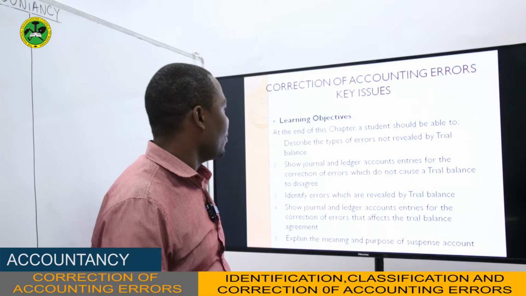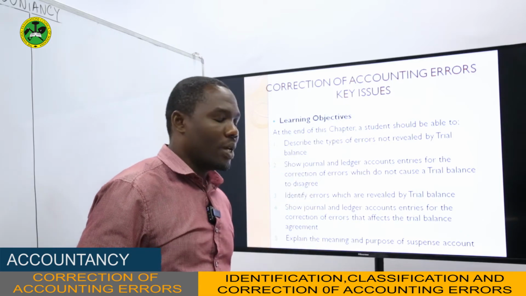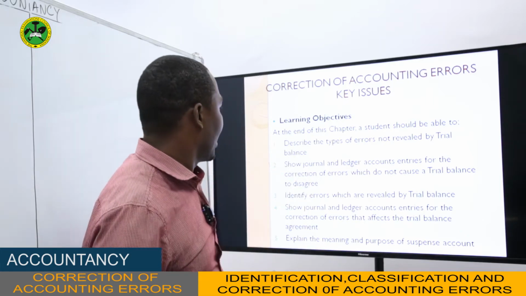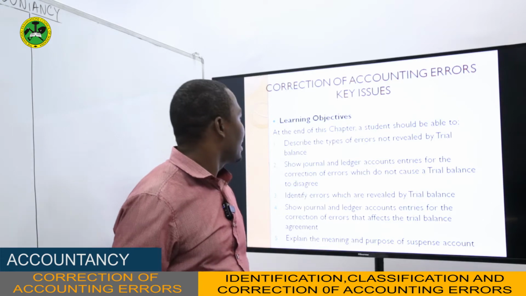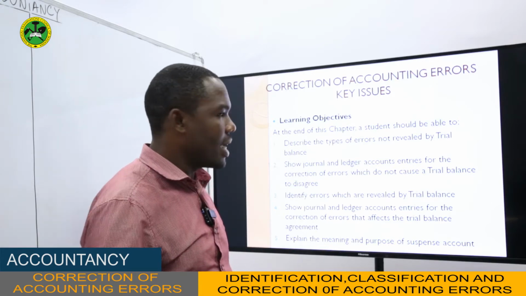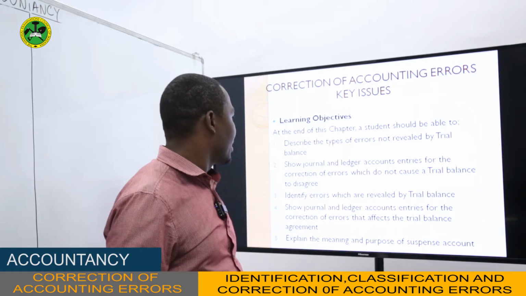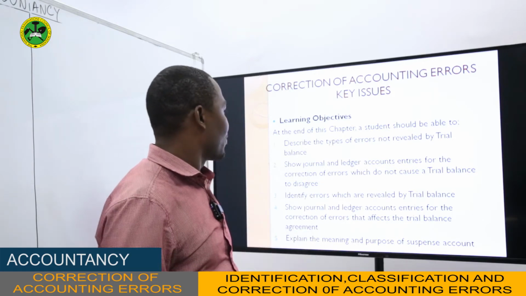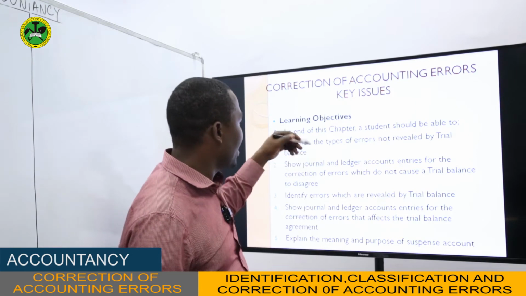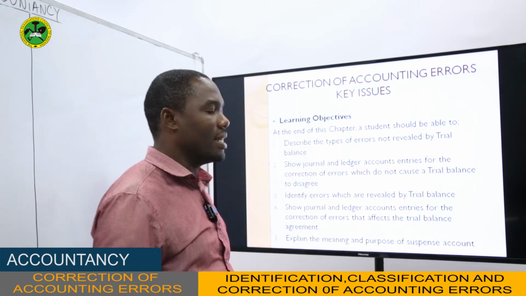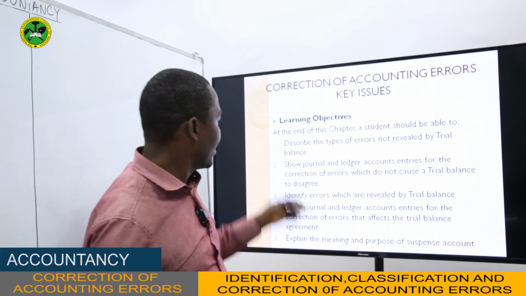So in this topic, we have key learning objectives that you need to cover. And as you cover these objectives, it will help you to have the competencies that are intended in this topic.